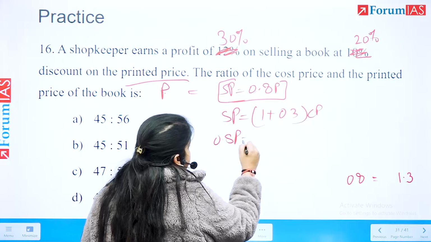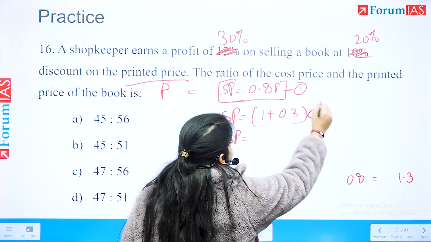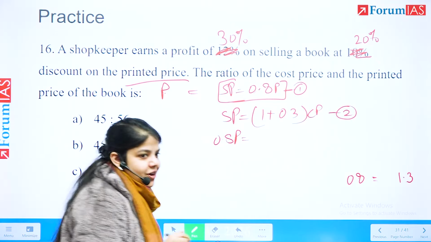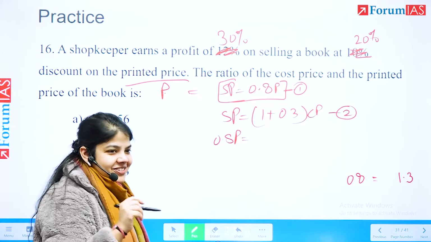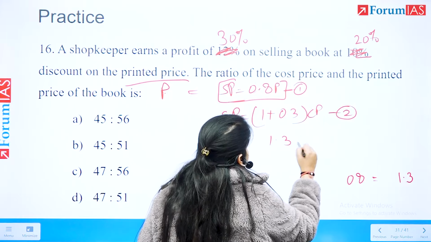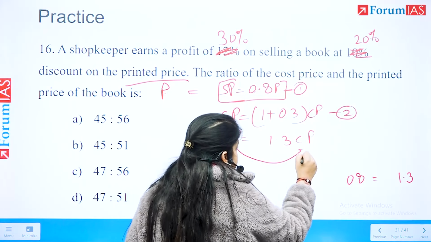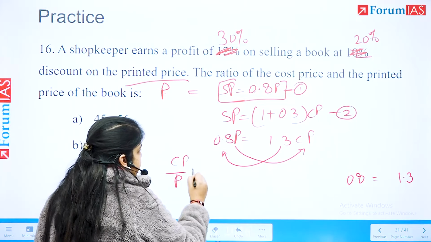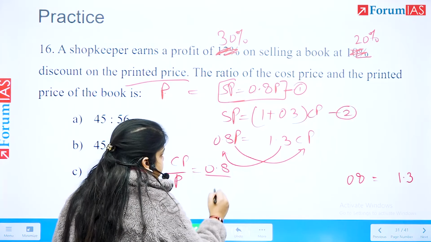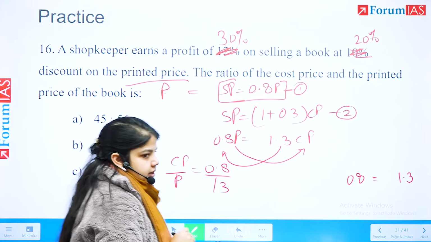Putting equation number 1 in equation number 2, you know, this is how we write in school, 0.8 P is equal to 1.3 CP. So when we divide, P goes here, this comes here. CP divided by P is equal to 0.8 divided by 1.3, which is equal to 8 by 13. Let's say 8 is to 13.